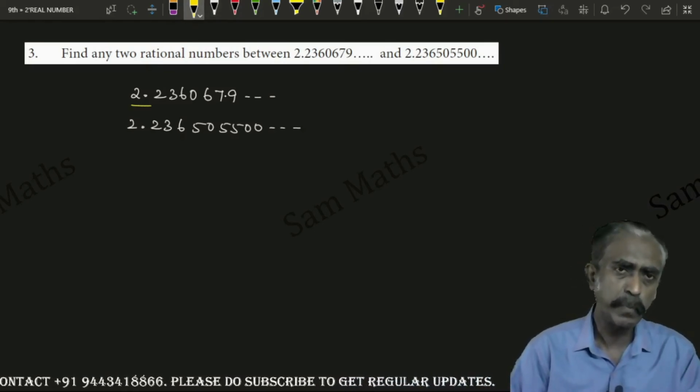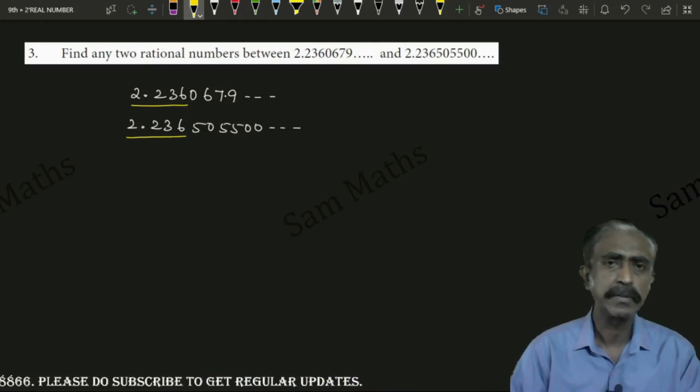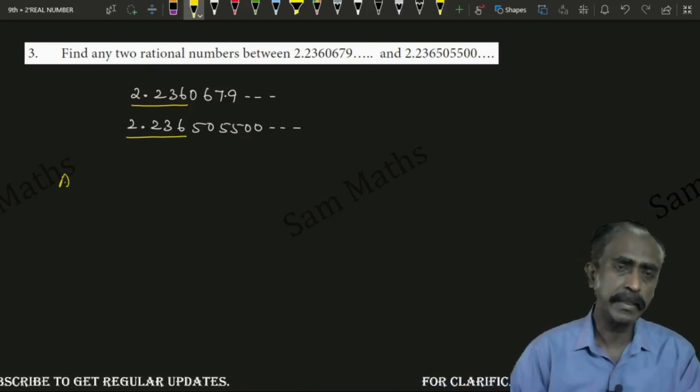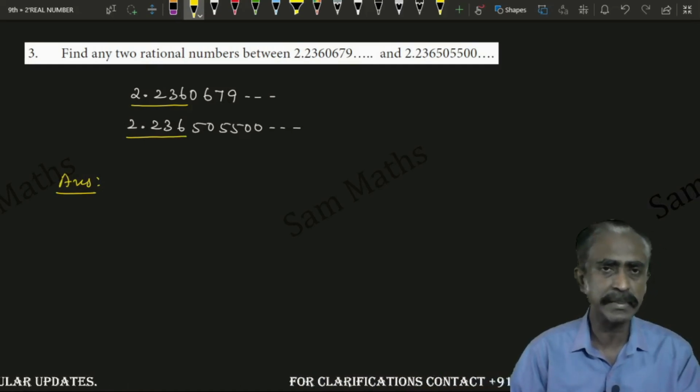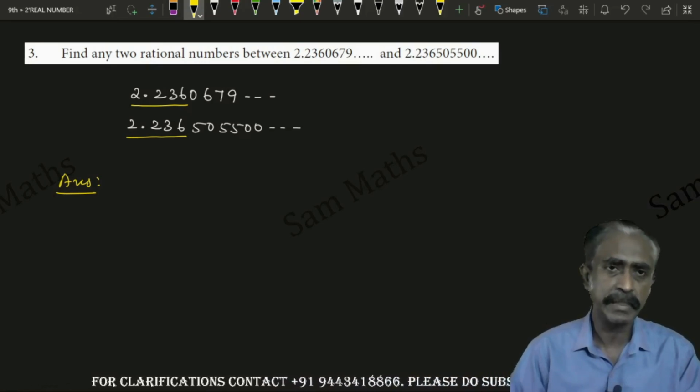See, 2.236 is the same in both. It's very important. This you have to identify. Now we can write the rational numbers easily. We need only two rationals they asked. We can write plenty of rational numbers between the given two irrational numbers.